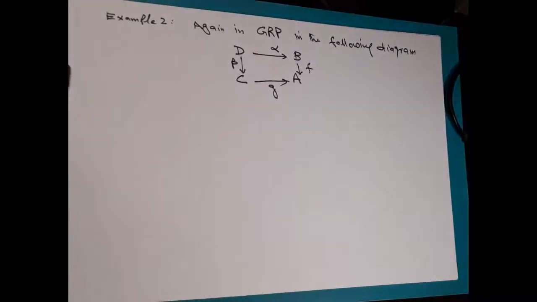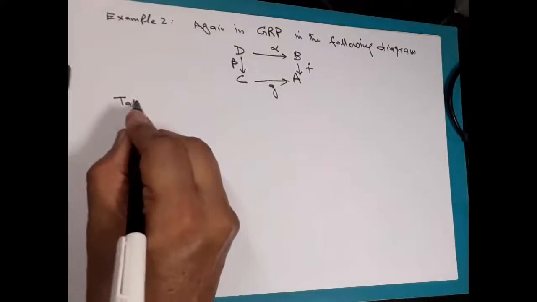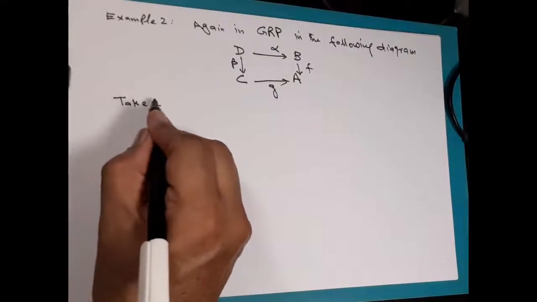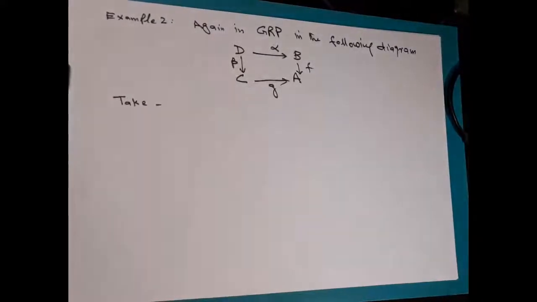So in this diagram, let us see what object D we are going to take.